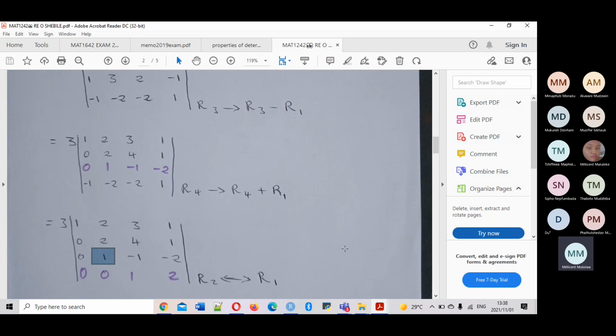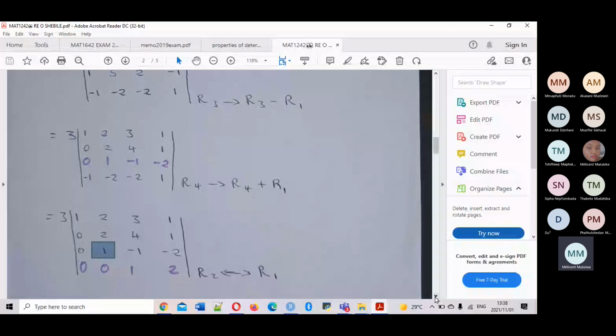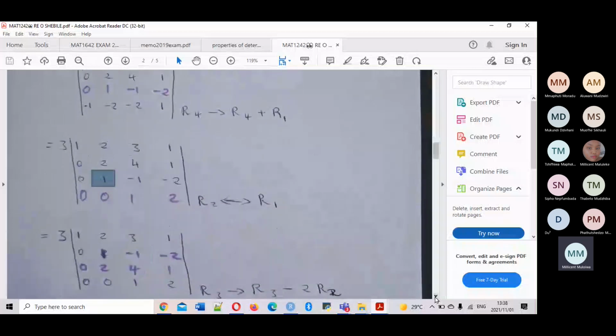So we are going to swap those rows. Here I did a mistake. This is row 2 being swapped with row 3. If you can check, may you please change this one and write row 2 swap with row 3.